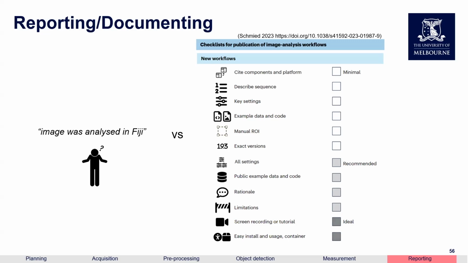The checklist works as a guideline indicating what needs to be added when you're reporting your work. There is also a checklist that covers best practice for publishing microscopy images. It's really worth reading before any image publication.